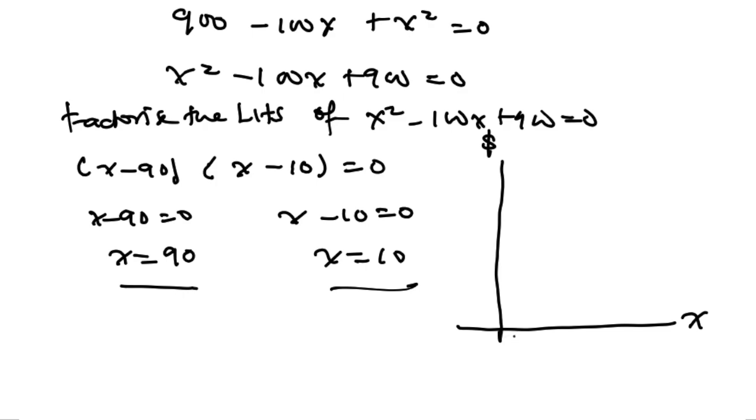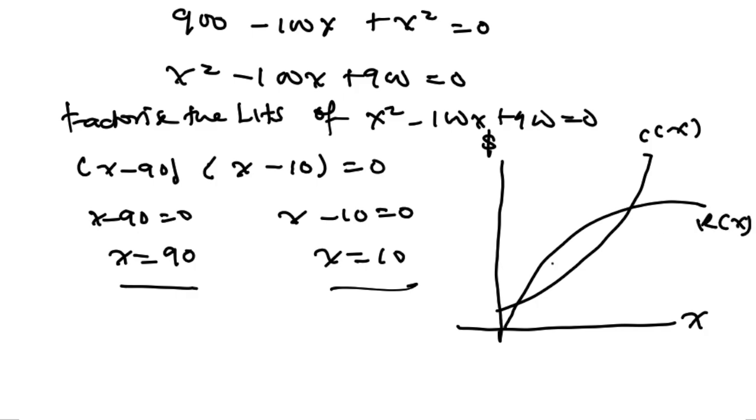Revenue looks like this, and then you have cost. So this is the cost function, this is the revenue function. You can see two intersections here in which C equals R, isn't it? The first one is 10, the second one is 90.